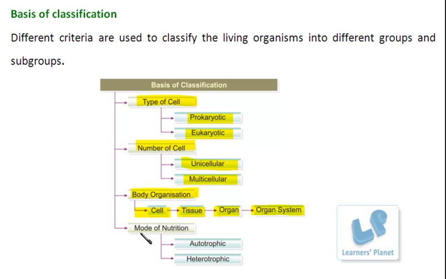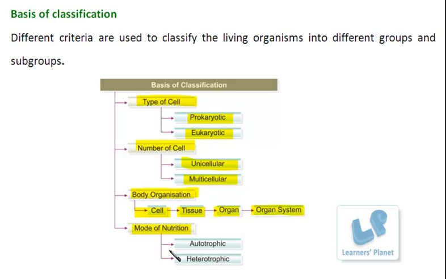After this, the next criteria is the mode of nutrition. You understand what is nutrition? It is the process by which living organisms obtain their food material or synthesize their food material. So basically it is related to nourishment. And you know very well how important nourishment is for a living body, right?